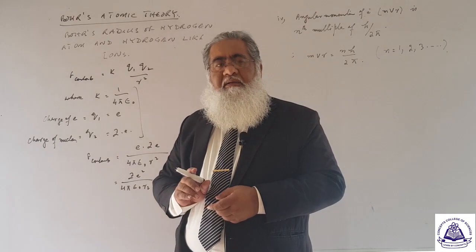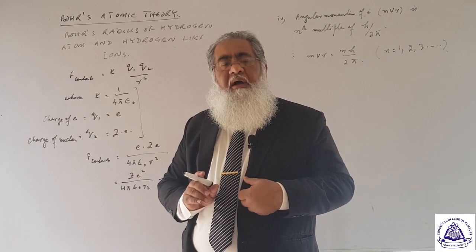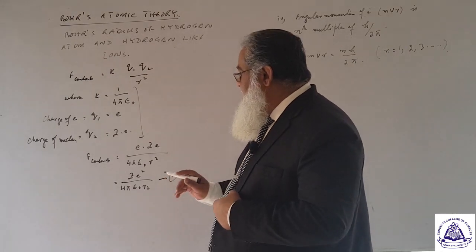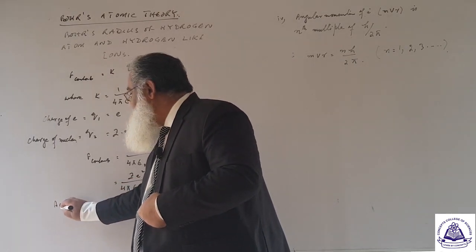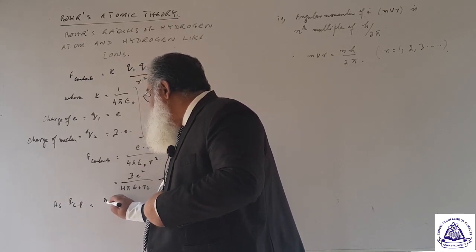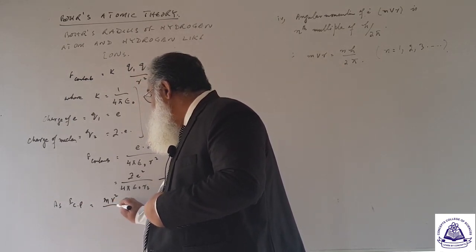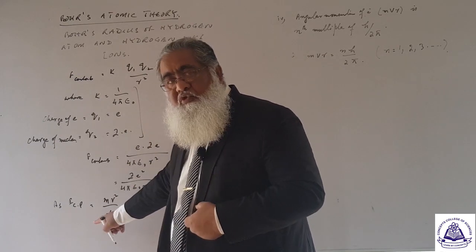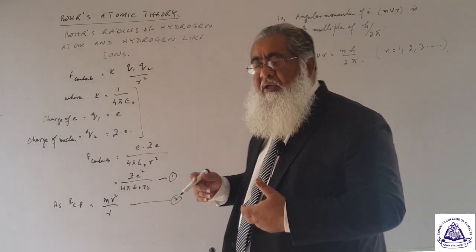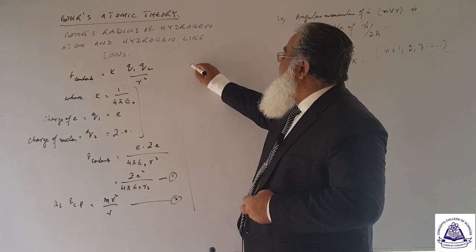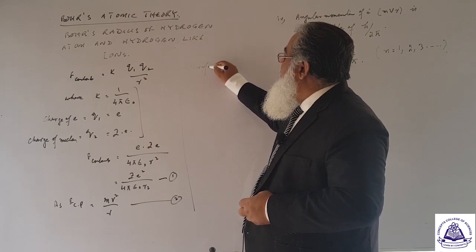This force of attraction is also given by another formula called centripetal force of attraction, which is equal to mv square over r, equation number 2. Now, both are the forces of attraction, so both can be equated.